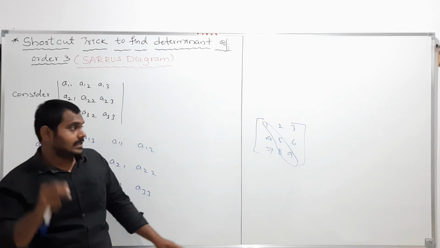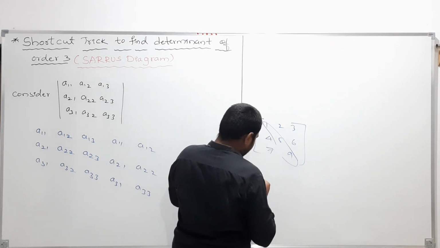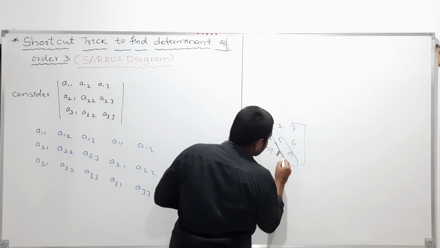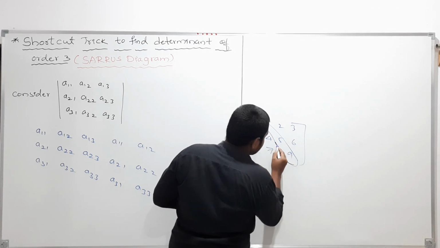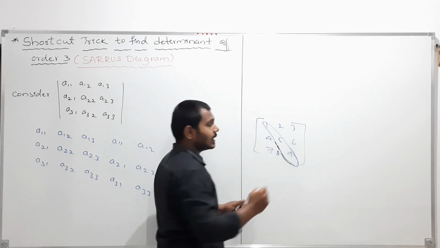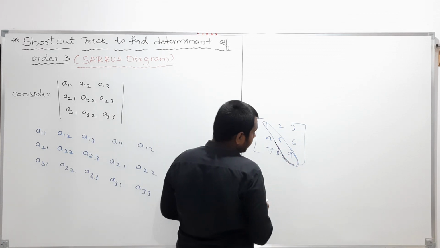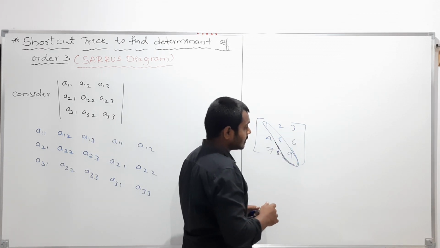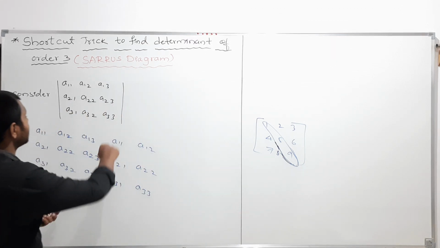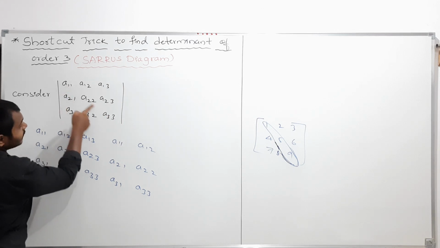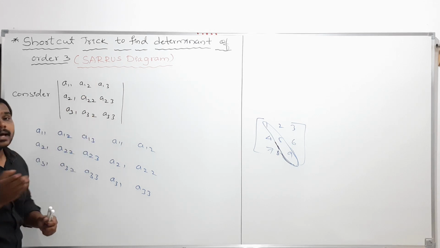These we can call the diagonal, or diagonal line, and the remaining we can call the non-diagonal elements. Similarly in this case also, this we can call the diagonal elements, and the remaining we can call the anti-diagonal.